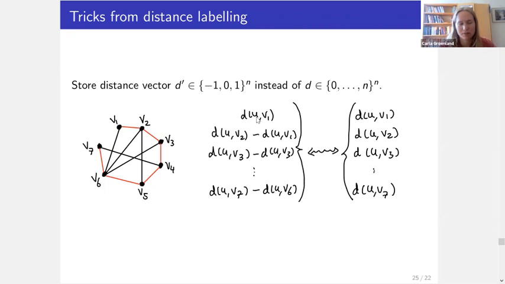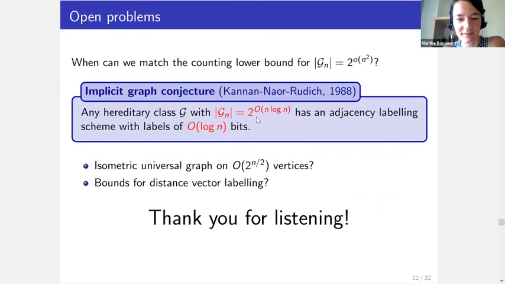Thanks. Any further questions for Carla? May I put forward maybe a silly question about universal graphs? Does it make any difference if you only want to find all connected graphs instead of every graph on n vertices?